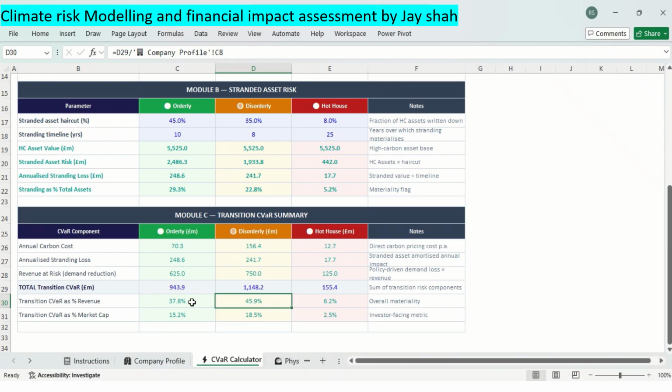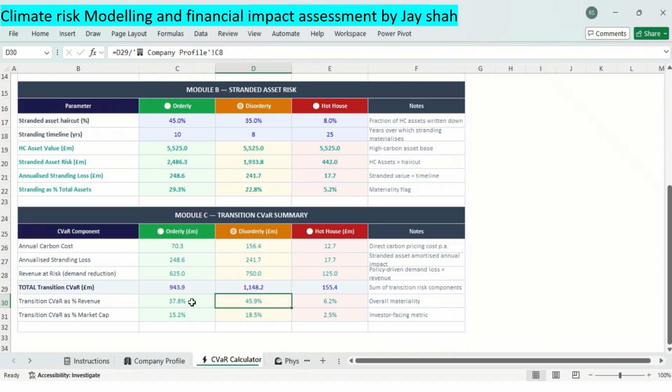So they have to implement climate related renewable energy related measures, otherwise it will be very difficult in the orderly and disorderly scenarios. Those things are very important, and in these scenarios, if they are not influenced by the government, which will require lots of regulations for the transition and for climate change, then it will be difficult for them as well.